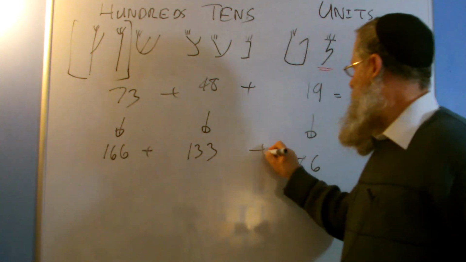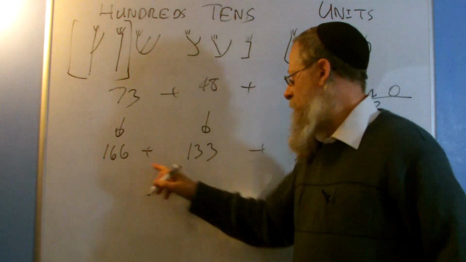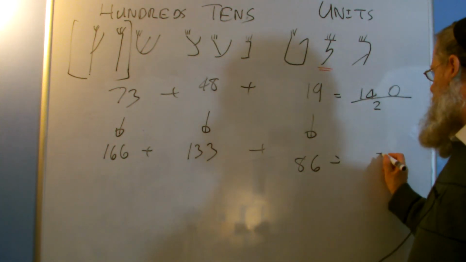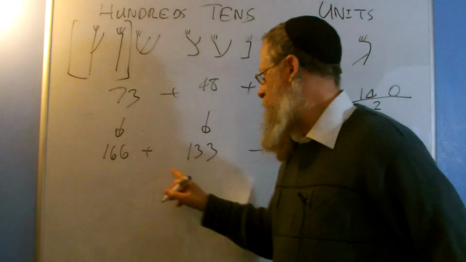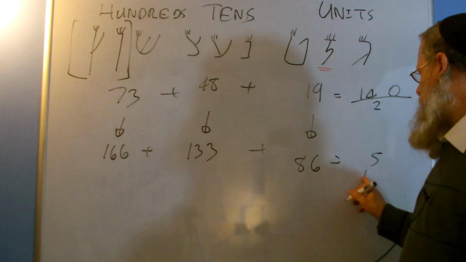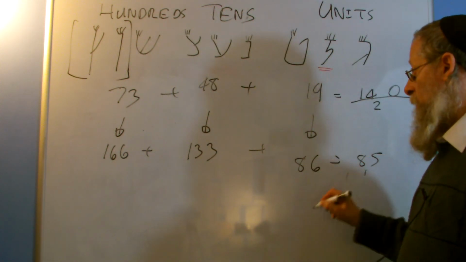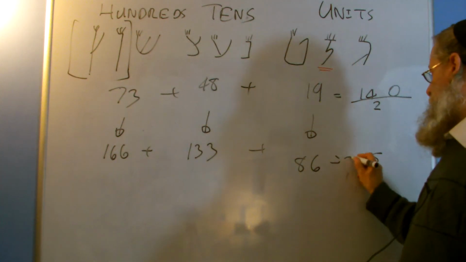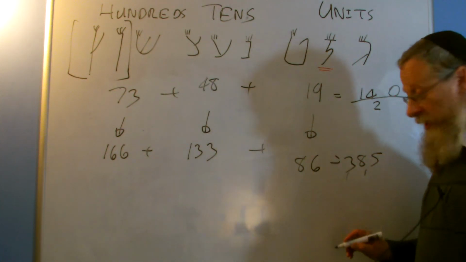If I add those together, I get 6, 9, 15, carry 1, 6 plus 3 is 9, 17, 18, carry 1, 1, 2, 3, 185, that is the gematria of Shekhinah, by the way.